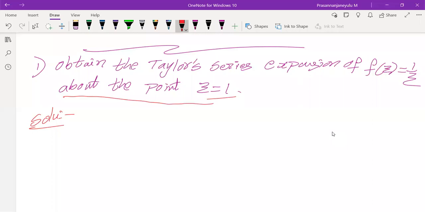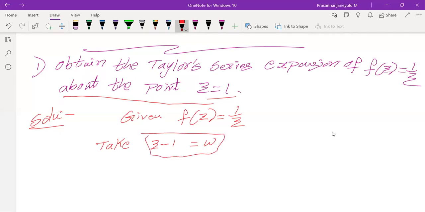So first, writing the given f of z equals 1 by z. Whenever they provide about z equals 1, take z minus 1, bring that 1 to the left hand side, and we get z minus 1 equals a new variable w. Later, whenever required, z equals w plus 1.